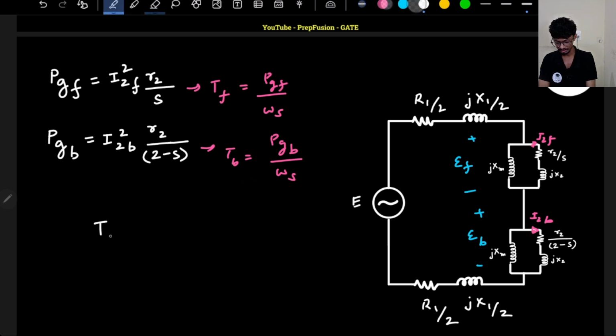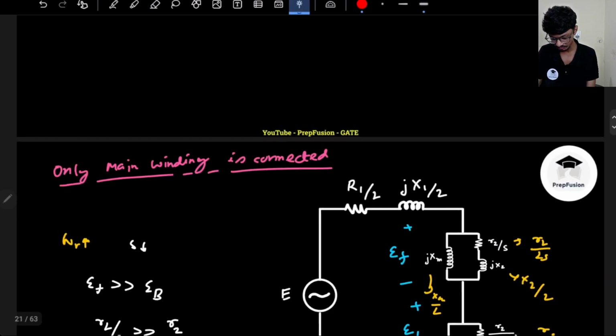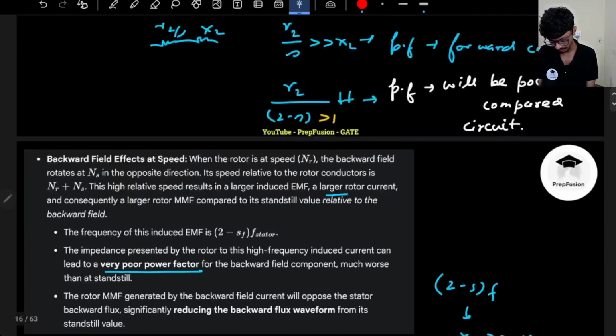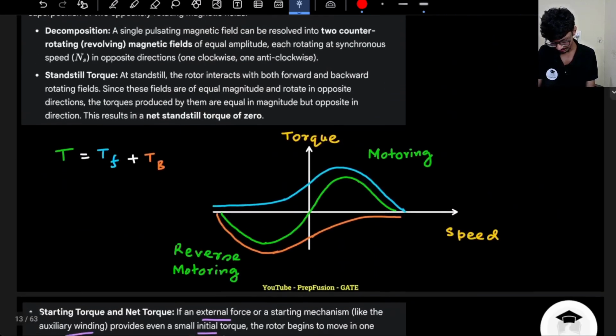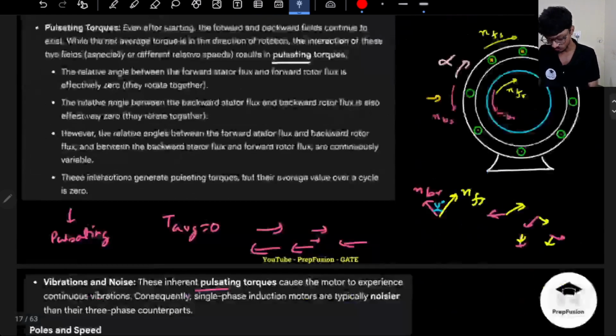Net torque will be the sum of the two torques, TF and TB. Sorry, this would be negative. This will be TF minus TB. The backward field provides an opposite torque, as we can see from the graph itself. The backward field is providing a negative torque, and the forward field is providing a positive torque in the same direction. So it will be minus.